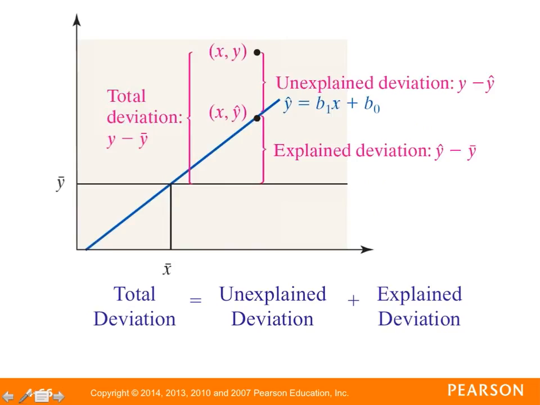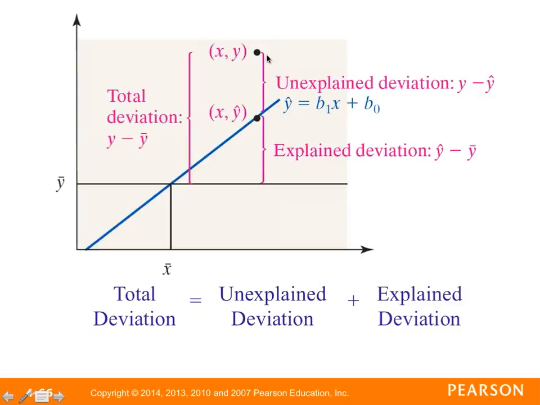Let me skip back to where we were. Here's another picture that doesn't pertain to the data that we were looking at, but just generalizes it. We have our y bar and our x bar. The total deviation is going to be the sum of these two things. And if we look on our line, that's our y hat. The equation for y hat is b1 times x plus b naught, or b0.